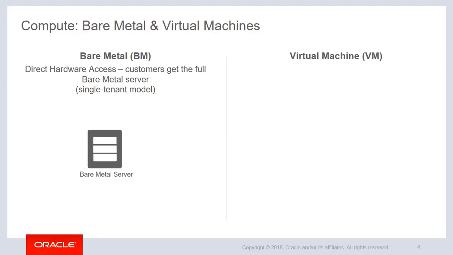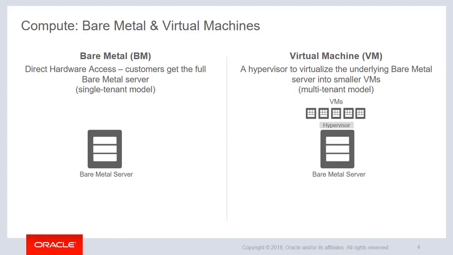On the other hand, we also support virtual machines where we use a hypervisor to virtualize the underlying bare metal server into smaller VMs. So in this case, this is also referred to as a multi-tenant model. As you can see here, we have the bare metal server and we run a hypervisor on top of it.